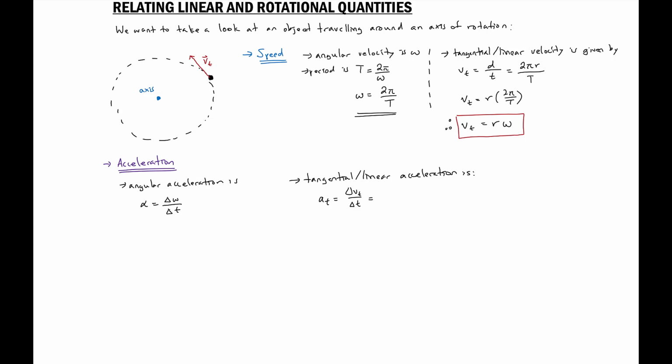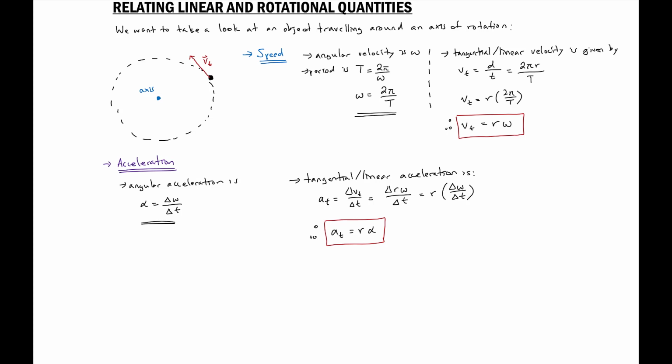So we already figured out Vt is equal to r omega, so let's say delta r omega divided by delta t. The radius is never going to change, so we can factor that out, and we get delta omega over delta t. But we know that alpha is equal to delta omega over delta t, so therefore we can say tangential acceleration is equal to r times alpha. So this is another equation that's good to remember to give us a direct relationship between linear and rotational acceleration.